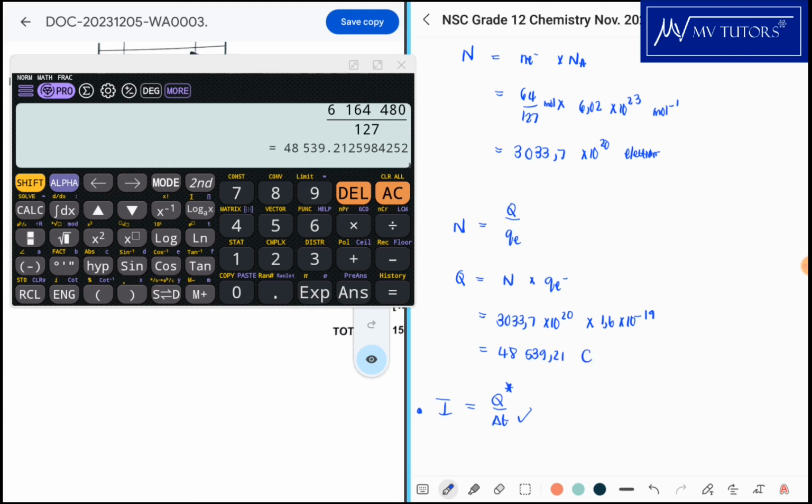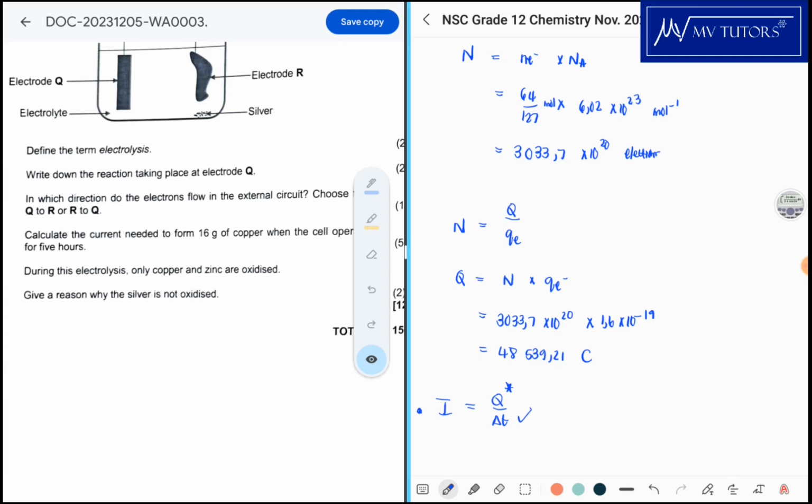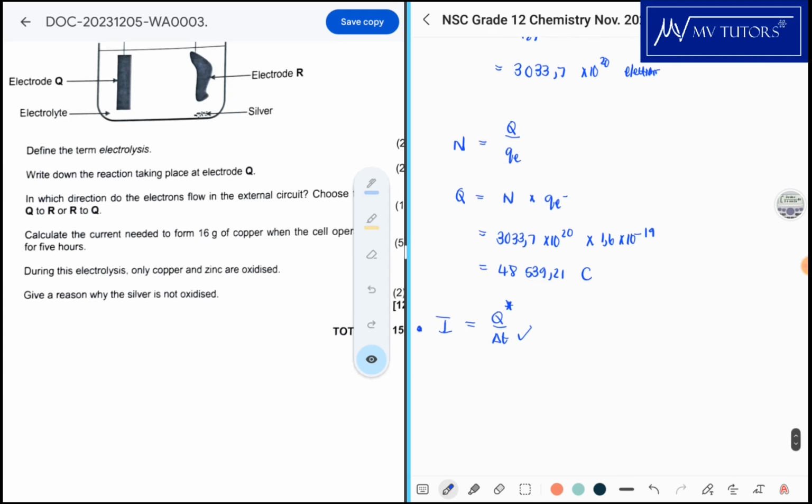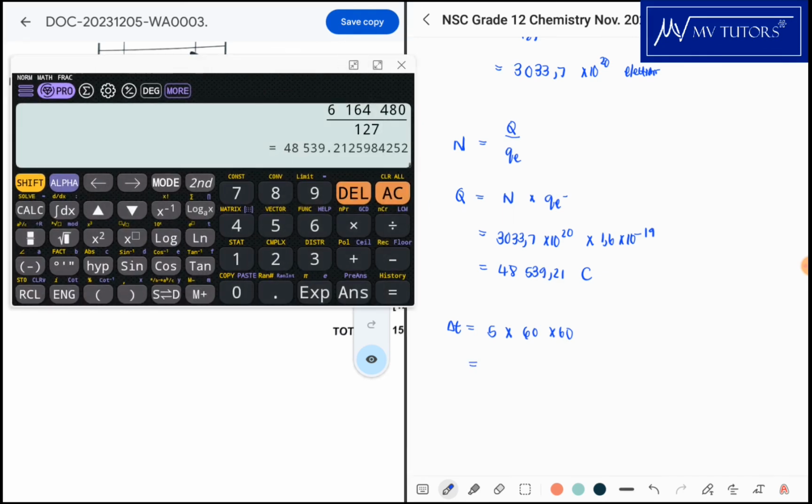Coulomb. Now let's talk about this time. 5 hours, we need to convert it to seconds. I know that there are 60 minutes in an hour and 60 seconds in a minute. So we have 5 times 60 times 60, and that is 18,000.